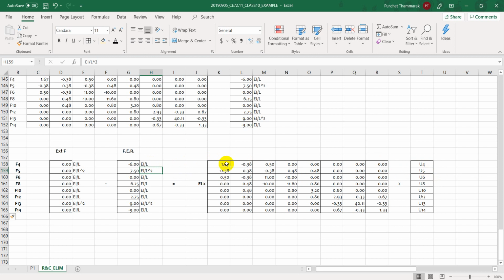Basically, if you take the L out of here, that means the first one, 1 second, this is multiplied by U4 is the rotation, multiplied by L, and this has to multiply by L square.